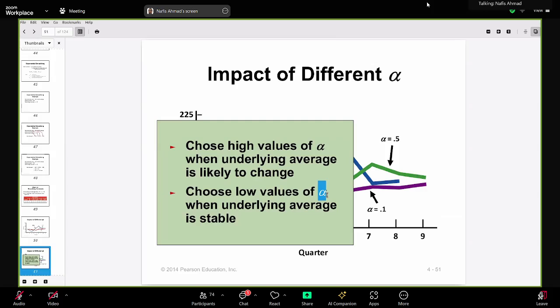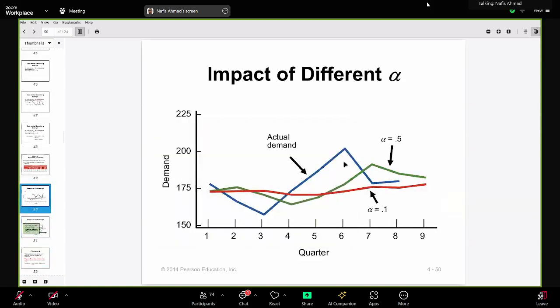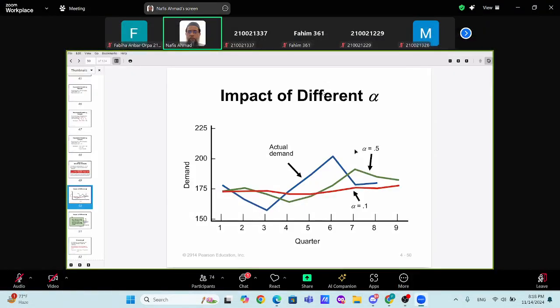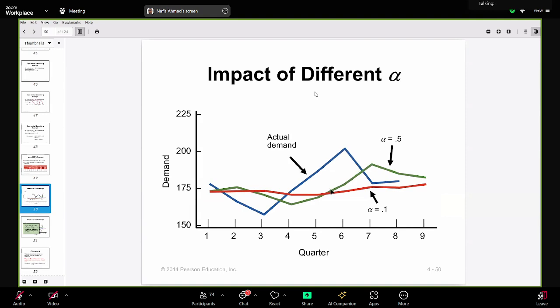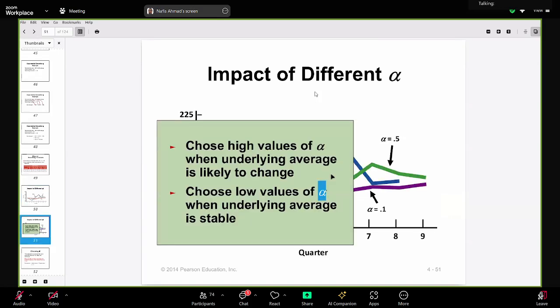If the situation is fluctuating, you have to use higher values of alpha. Anyway, in questions, normally the value of alpha is provided, or you will be asked to pay necessary attention to the reasonability of the problem.